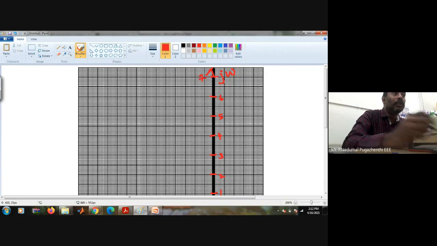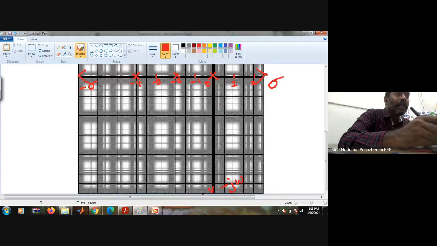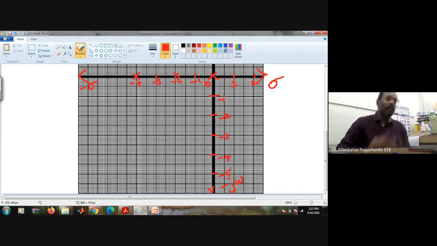This is the positive j omega axis, and this is going to be negative: -1, -2, -3, -4, -5. It goes on like this.